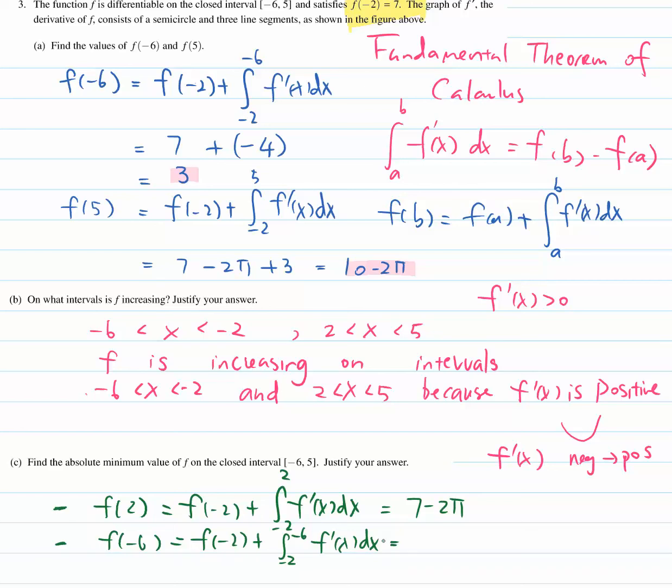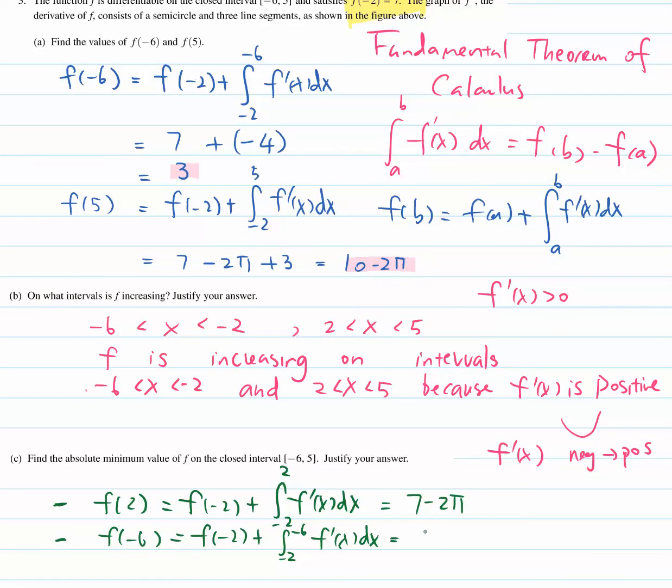And we do the same algebra here and that gives us 3. And again, because we already found the endpoints for part A, we can just copy that down. And then we do the same thing for f of 5. And that is 10 minus 2 pi. So we just copy our answer from part A, 3 and 10 minus 2 pi.